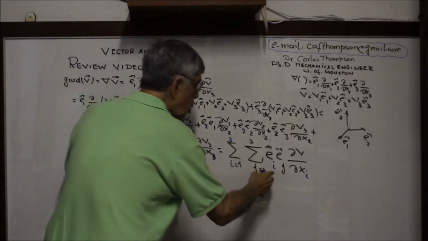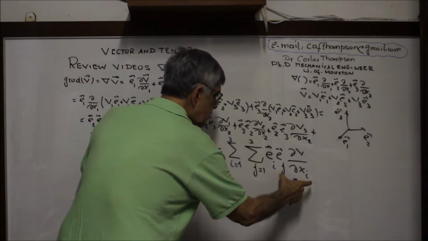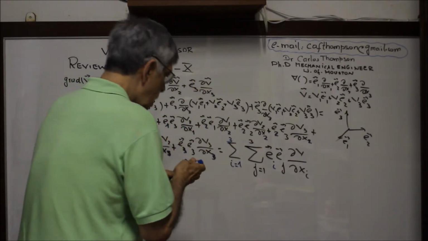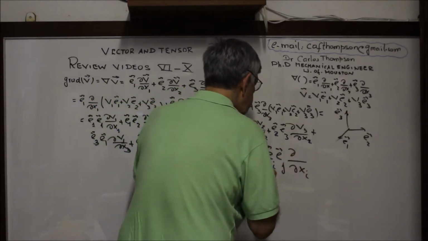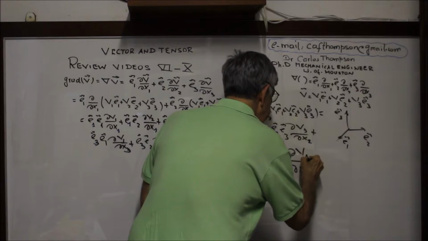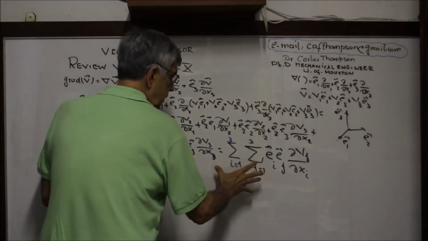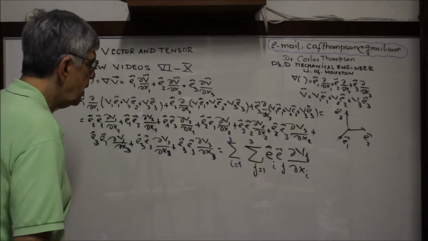So when i is equal to 1, I have a sum here, 1, 1 plus 2, 2 plus 3, 3, the blue one. Now this will be partial of Vj. You see? Now, this here is the same as written here.